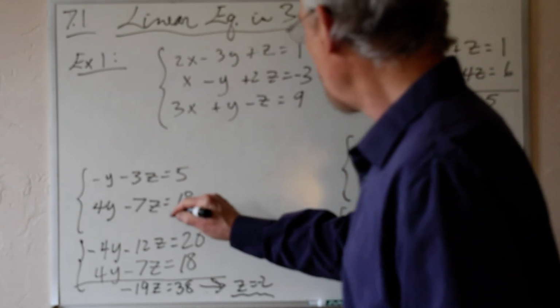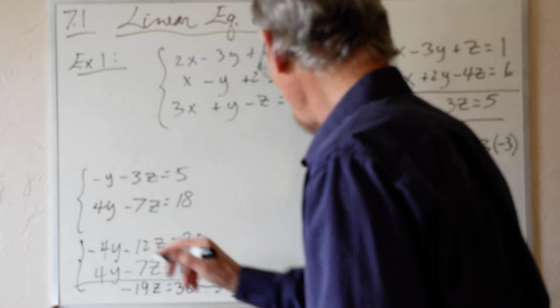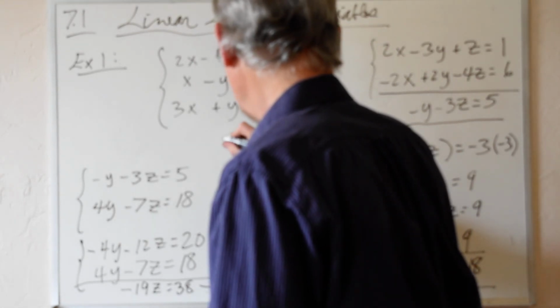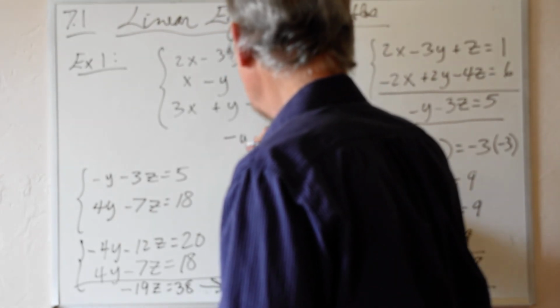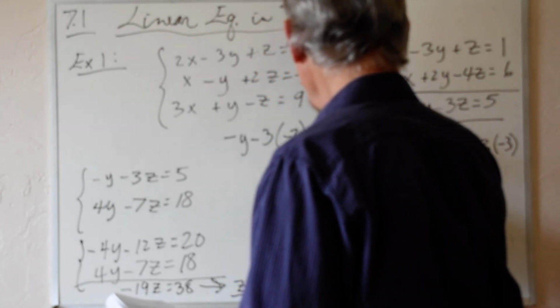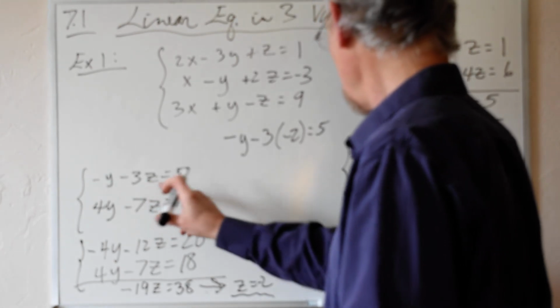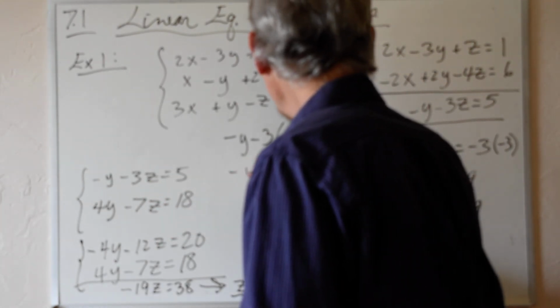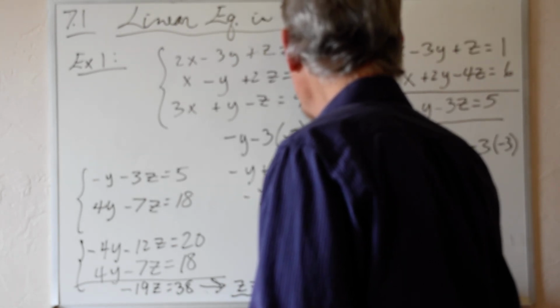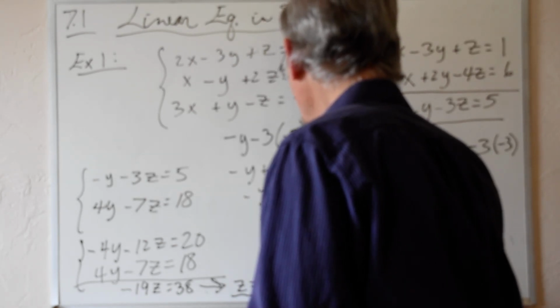You could plug into one of these little equations here and get y. Right? We know that's a true fact, plugging into there. So I get negative y plus 6 equals 5, negative y equals negative 1, y equals 1.